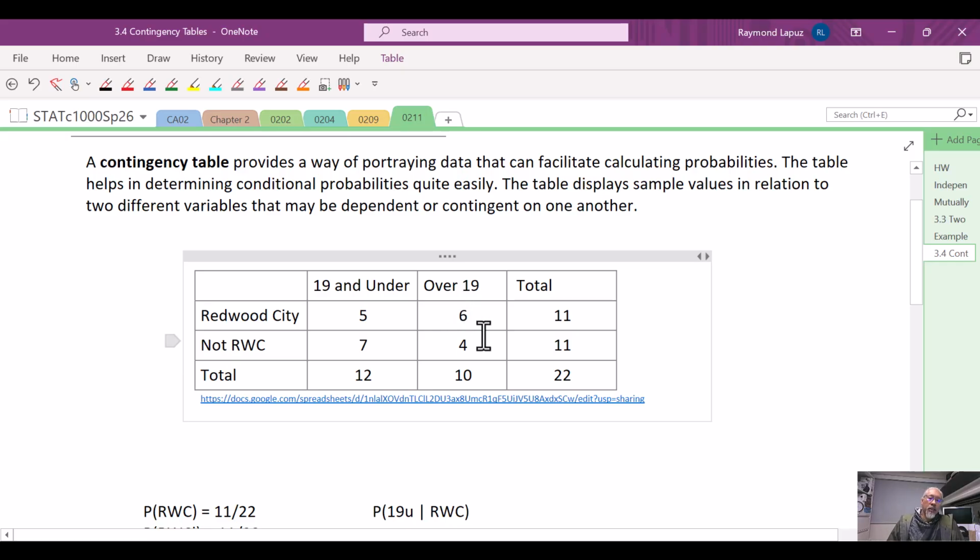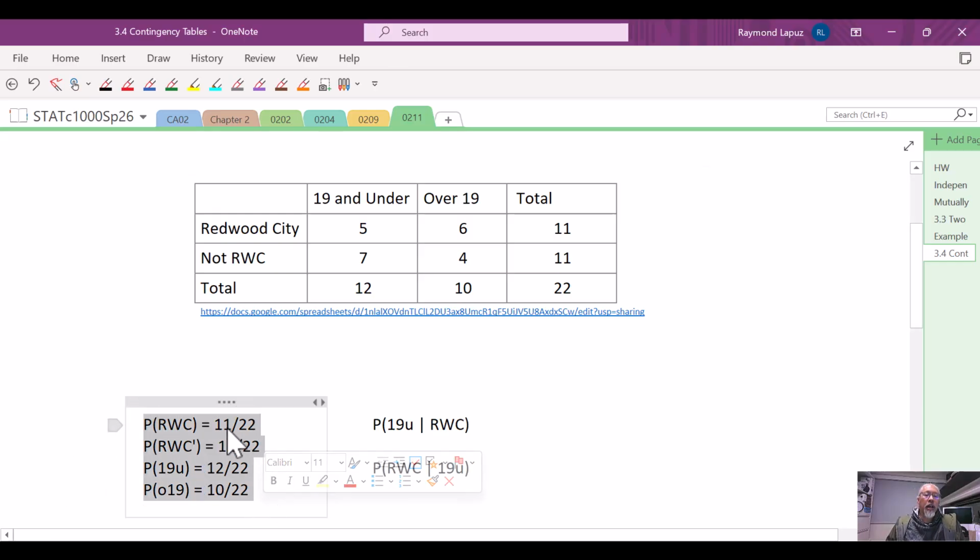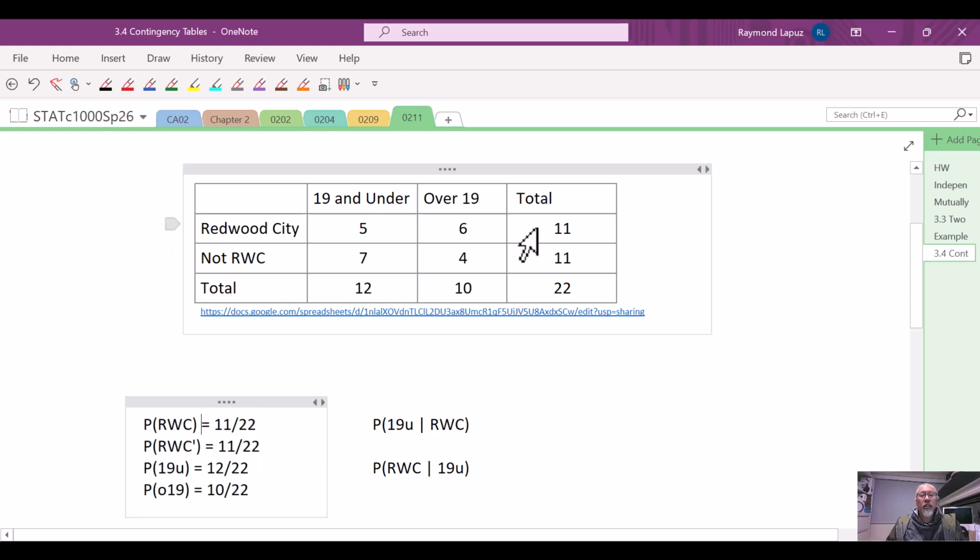Okay. So we found some basic probabilities. If we selected one student out of the whole group, how many of them would be in Redwood City? That would be 11 out of 22. And how many of them would be not in Redwood City? Remember, there's a prime notation here, the apostrophe, also known as prime.